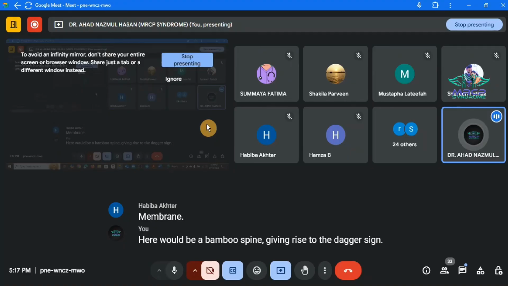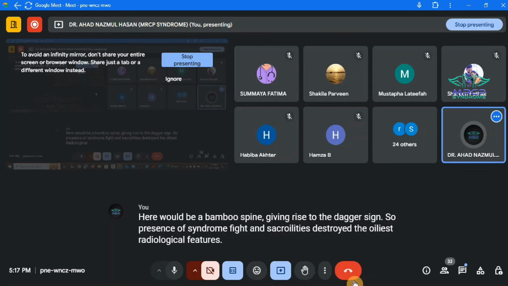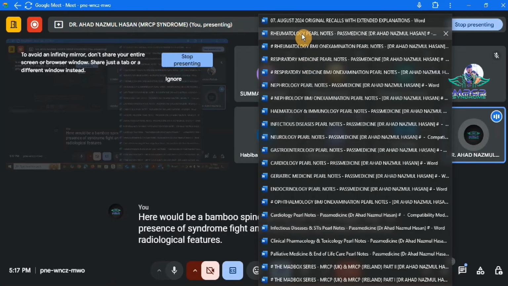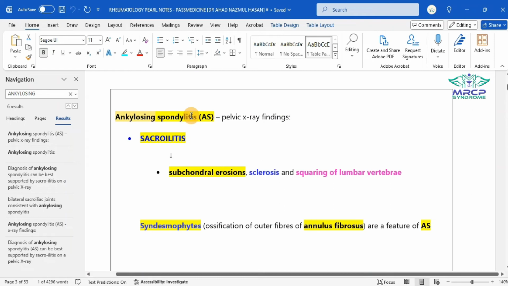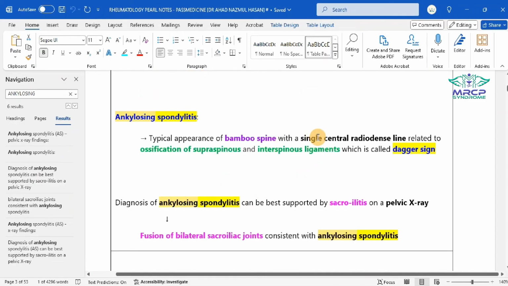The presence of syndesmophytes and sacroiliitis are the earliest radiological features, and bamboo spine is the advanced radiological feature. Bamboo spine means there would be a single central radiodense line related to ossification of the supraspinous and interspinous ligaments, giving rise to the dagger sign.